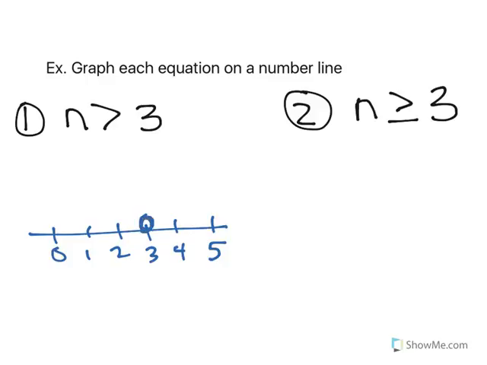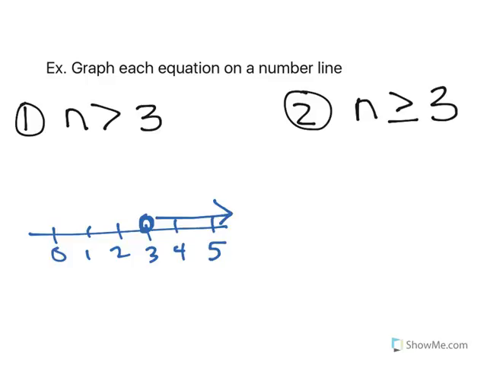The reason it's open is because n doesn't equal 3; it's anything greater than 3. Then I draw an arrow this way, meaning any number greater than 3. Keep that circle open, so it could be 3.1, 3.2, all the way up into infinity. That's all you have to do to graph this.